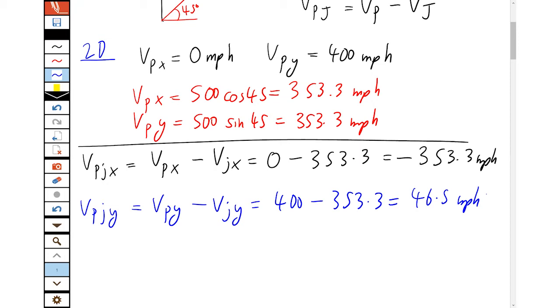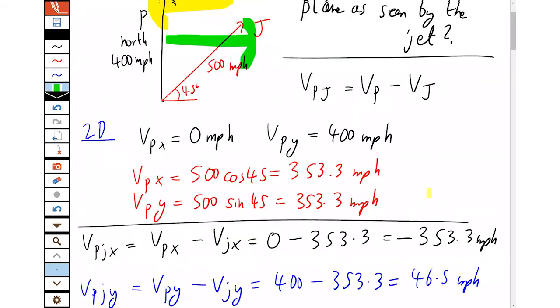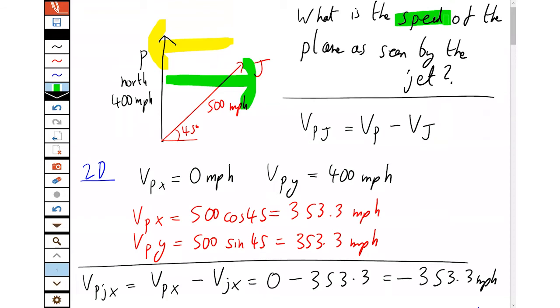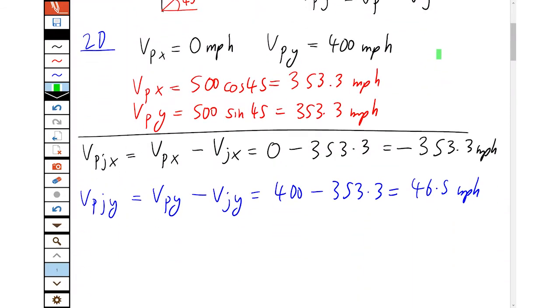And now it always feels good to work out a bunch of numbers, but you always want to check, hang on, did I actually answer the question? We were asked for the speed, which is just the size of the velocity. We've got the x component and the y component. So to work out the speed, it's the square root of the sum of the x component squared plus the y component squared.